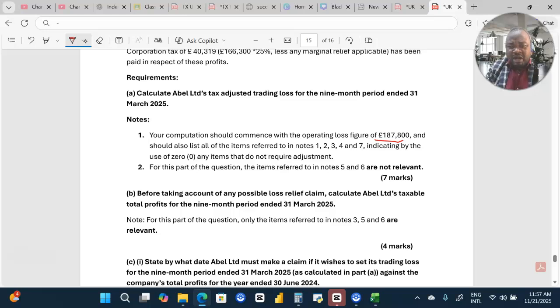So for this part, items 5 and 6 are not relevant. So you'll be wasting your time if you are reading 5 and 6 for this part. Note 5 and 6 should be ignored. The examiner has said, I'm not going to give you any marks if you just dedicate your time on those aspects, because for now, on this part, ignore them.